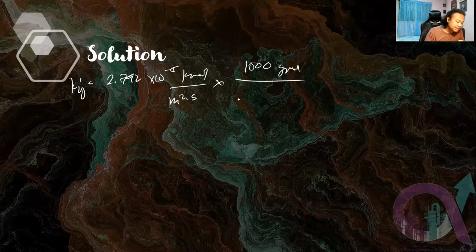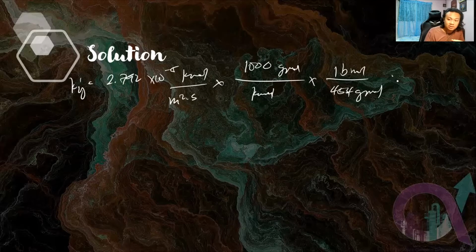it does not. Okay, so I have kmole, 1,000 gmoles in a kmole, and then 1 pound mole is equal to 454 gram mole, right? And then you have 3,600 seconds in 1 hour, and then you have 0.3048 meters in 1 foot, right?